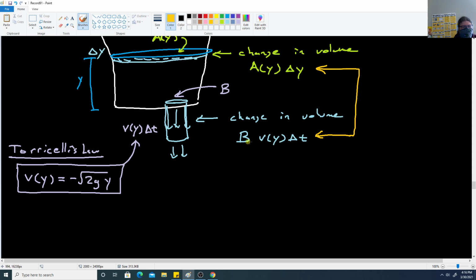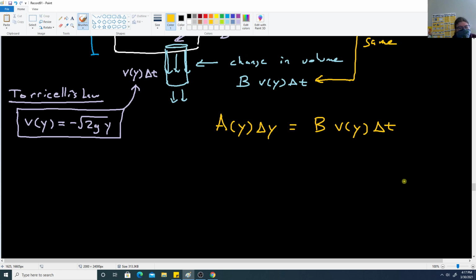This is the volume of water lost through the bottom, so there has to be a corresponding volume of water lost up here. So we can relate A of y delta y equal to B times the velocity of the water times delta t.